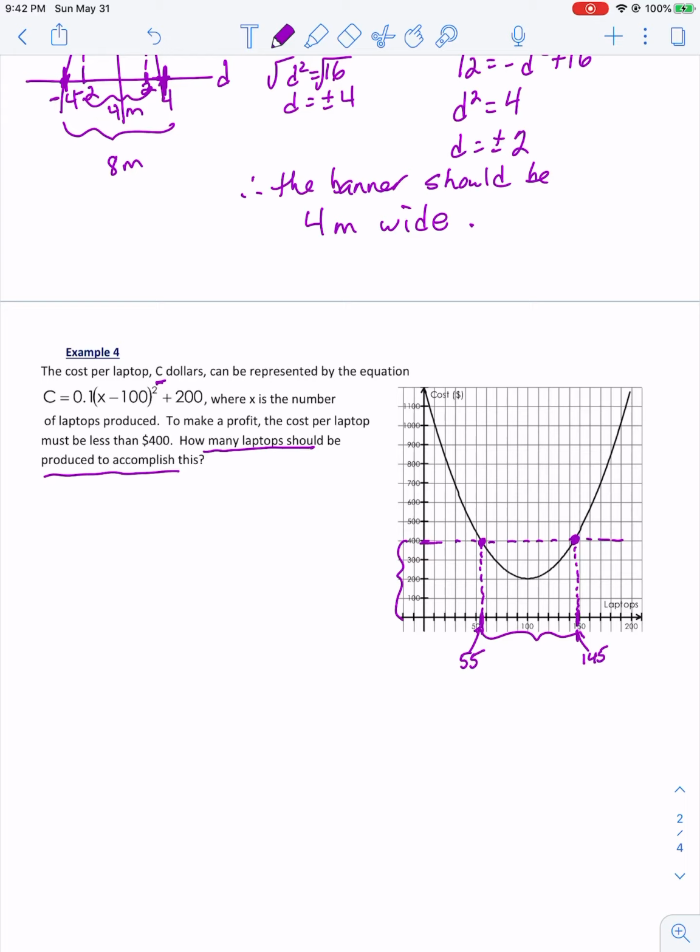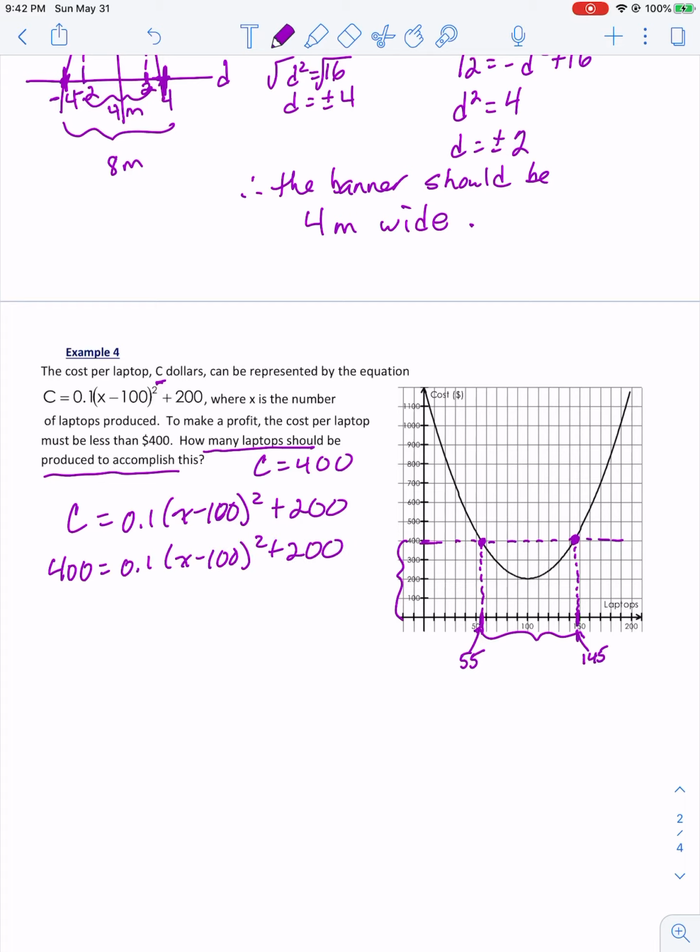So we've got C equals 0.1 times x minus 100 squared plus 200. We want C to equal $400. So substitute the 400 into the equation for C and solve.